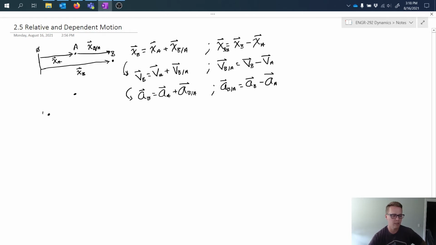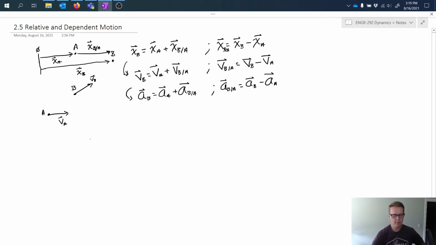So for example, let's call this one A and this one B, and let's say this one's moving this direction and this one's moving this direction, which we would call velocity A and velocity B. I could figure out what the relative velocity is between these two, again, by expressing it as the difference between them. So I could subtract those and write those out. And that can be particularly useful in that it's not constrained to the one-dimensional scenario that I first presented.